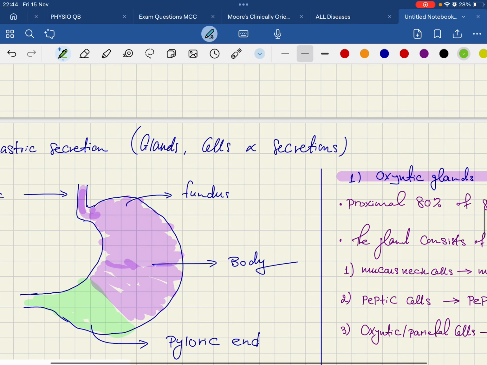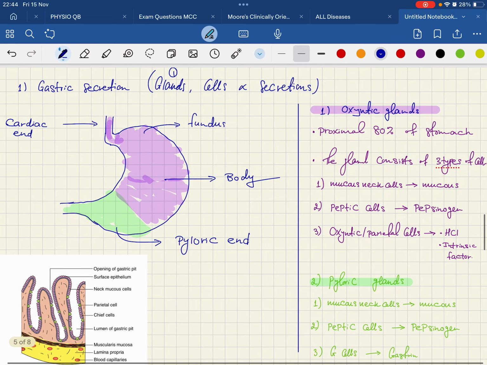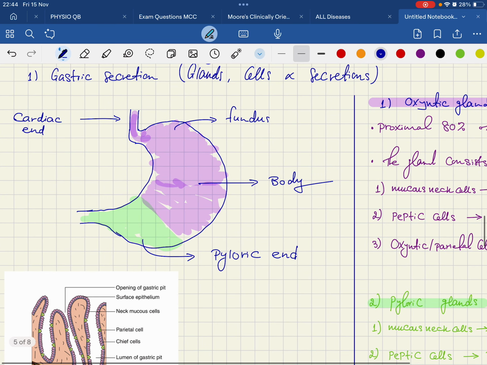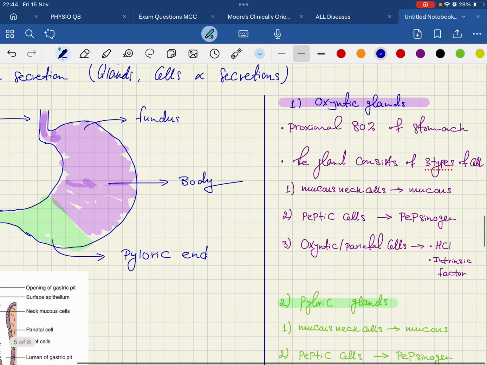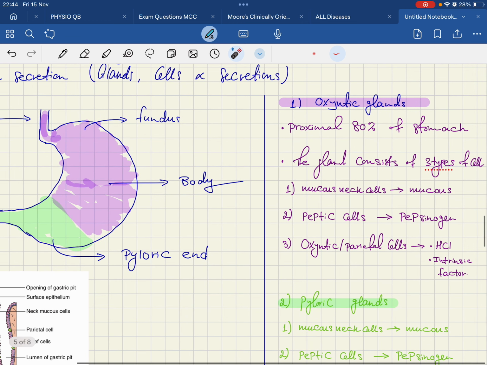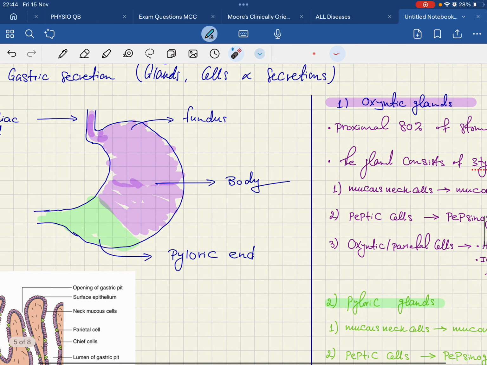As we said, first you'll have the glands. There are mainly two types of glands in the stomach. First of all, you'll have the oxyntic gland. It makes up approximately 80% of the stomach.